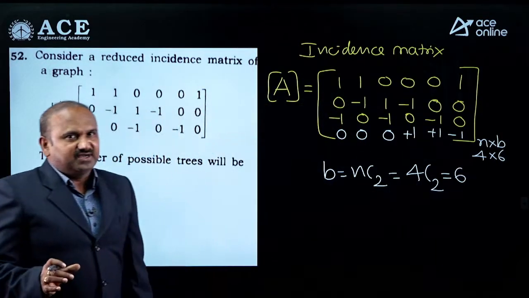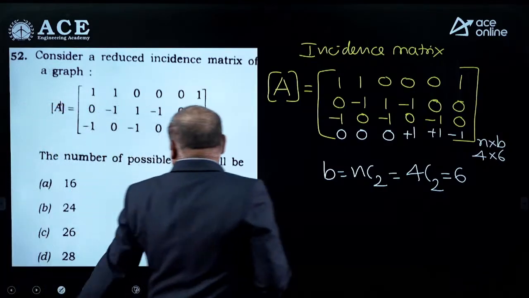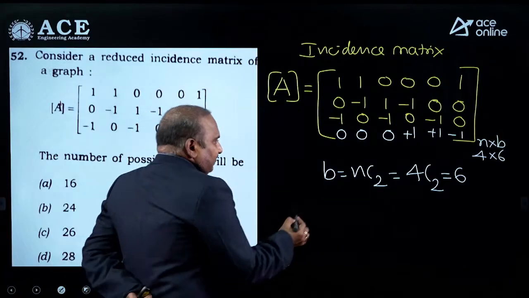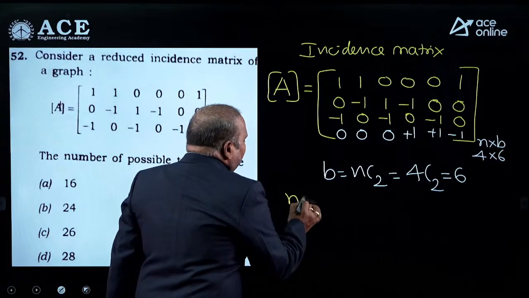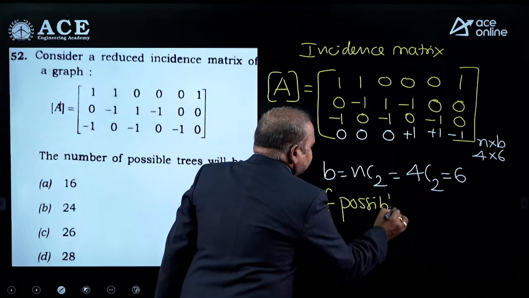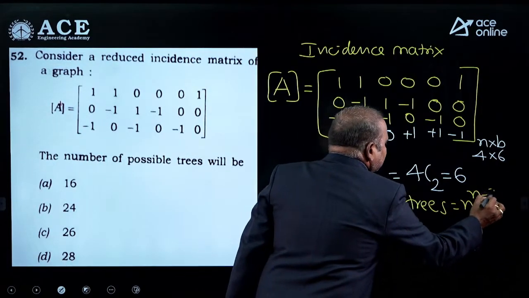Once you ensure that the given matrix is the complete matrix, you can use the standard formula for the number of possible trees, which is n power n minus 2.